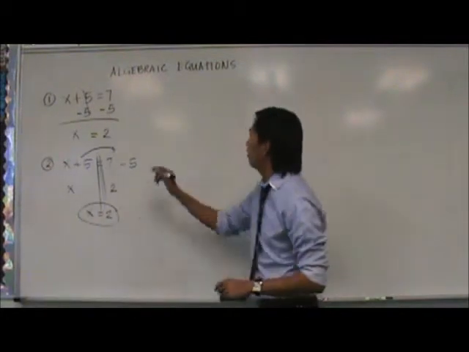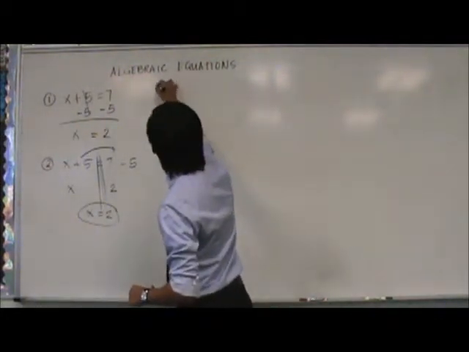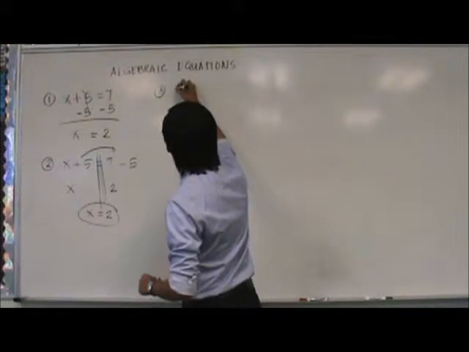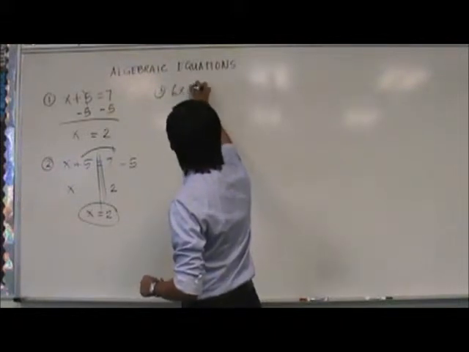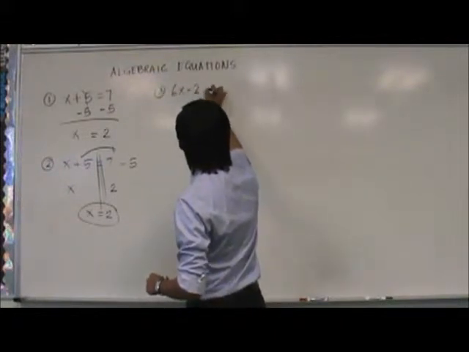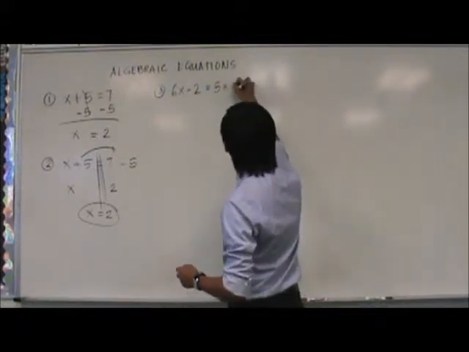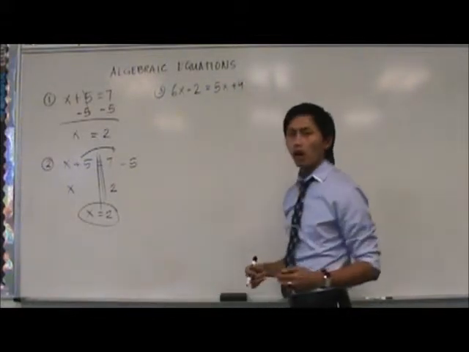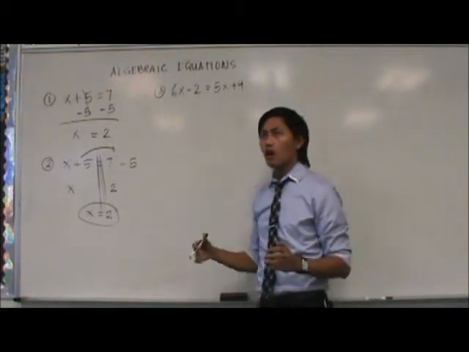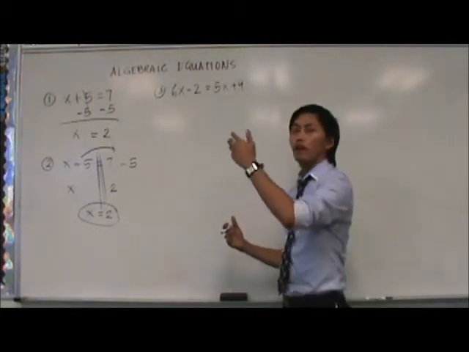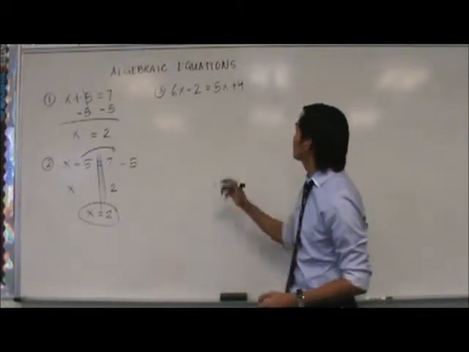Now, how about number 3? Let's say we have 6x minus 2 equals 5x plus 9. How about if you have the variables on both sides?